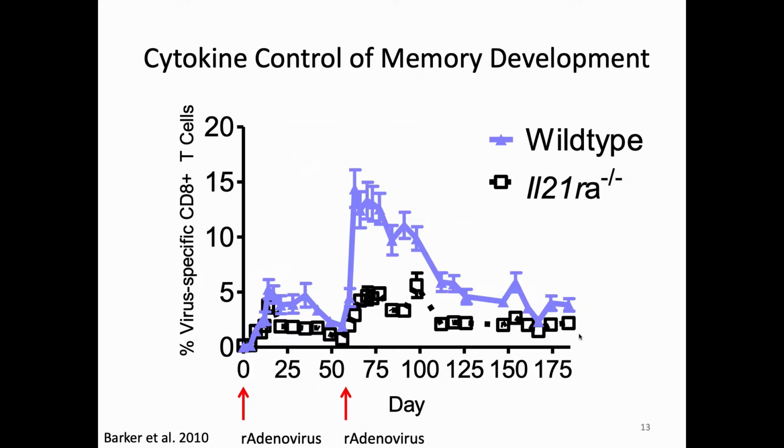You could potentially do an experiment like this and then start to look at these CD8 positive T cells with all sorts of different flow cytometry markers to see if different kinds of memory cells are being made. And that can be an important way to study this problem.